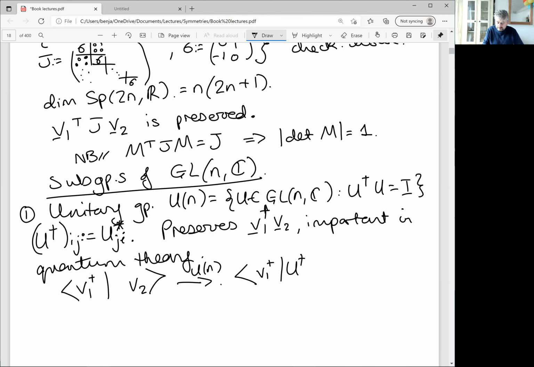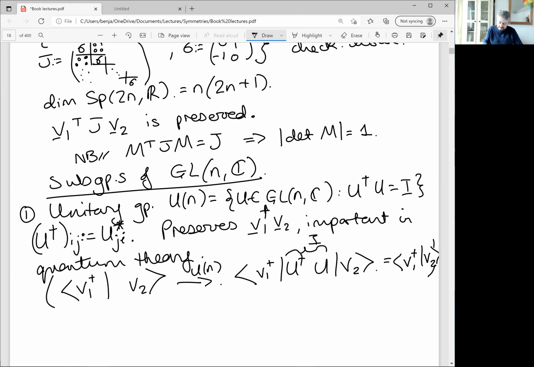So there's some unitary transformation on the bra, and there's one on the ket. The bra gets a Hermitian conjugate, and of course, if U dagger U is I, this leaves the bra ket invariant. So that's an aside, that's why it's important.